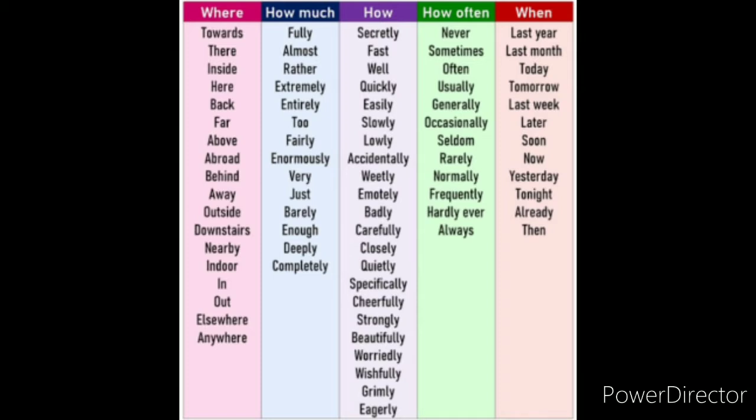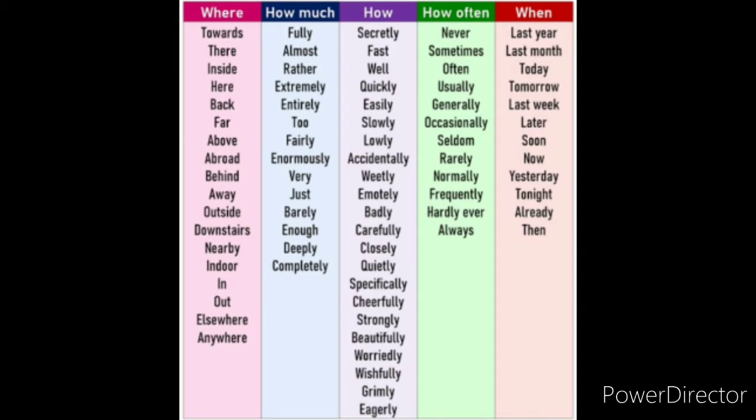Next we have how often. These are all the words that denote the adverbs of frequency, and they may be never, sometimes, often, usually, generally, occasionally, seldom, rarely, normally, frequently, hardly, ever, always. Remember, we have to use the simple present tense when we have adverbs of frequency. Next we have when. That denotes what kind of adverb?